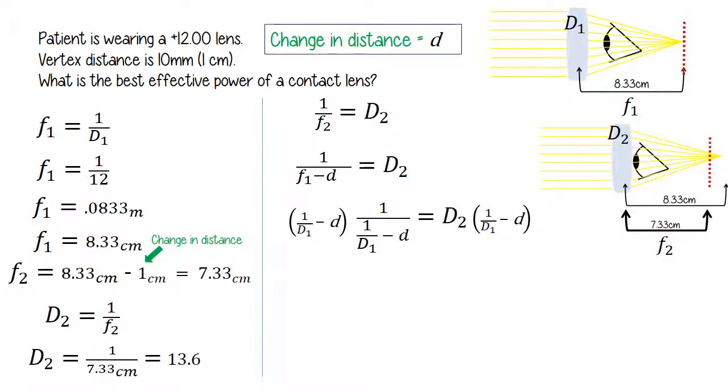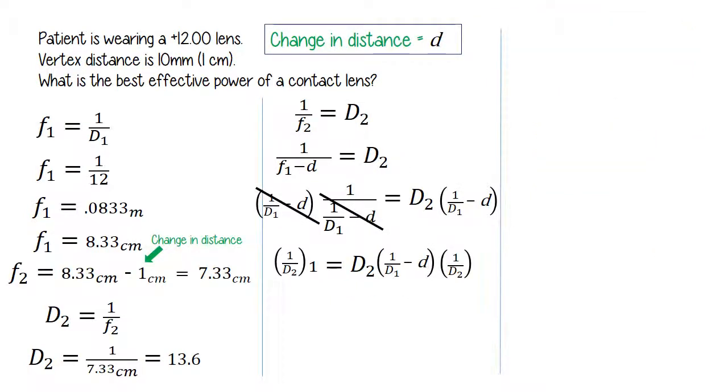Because we don't want to leave a fraction in the denominator of a fraction, we're going to multiply both sides by the denominator of that fraction, which will cancel out the denominator on the one side and leave just the number 1 on that side. And on the other side, we multiply by D2.